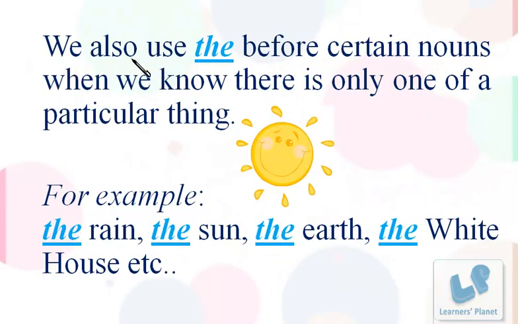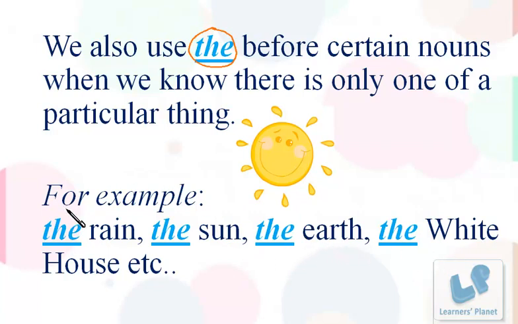Now friends, we also use the before certain nouns when we know there is only one of a particular thing. This means that the is also used before a particular noun which we know is the only one of that kind. So the examples could be the rain, the sun, the earth, the White House.